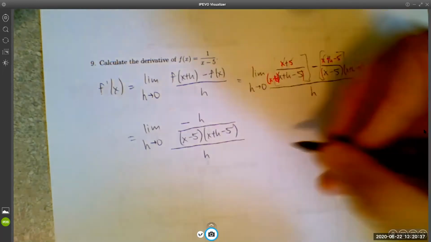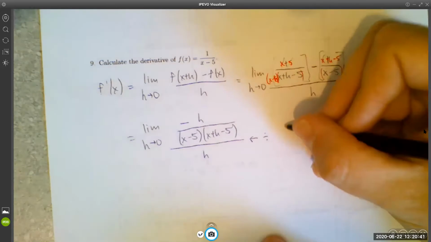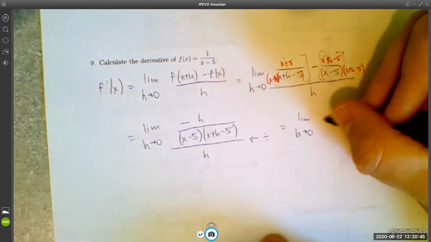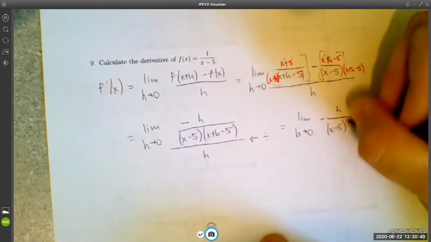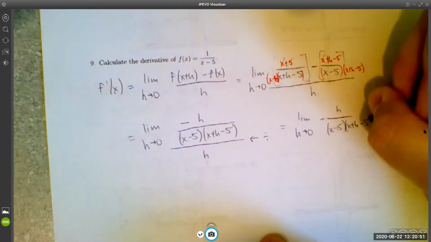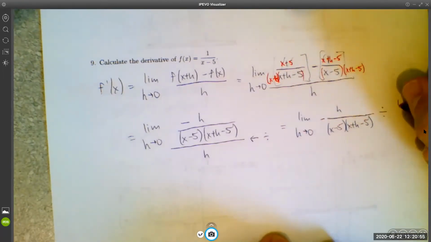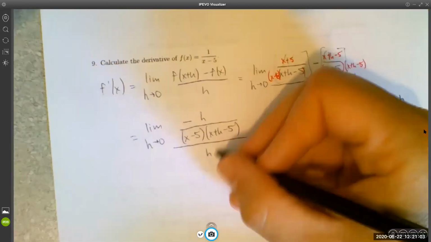Now, I'm going to treat this large fraction bar like a division sign. So this is really equal to the limit as h approaches 0 of negative h over x minus 5 times x plus h minus 5, divided by h over 1, right?